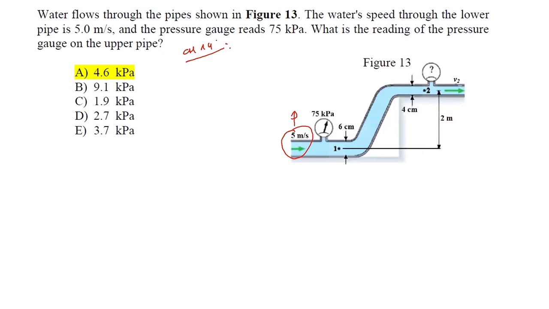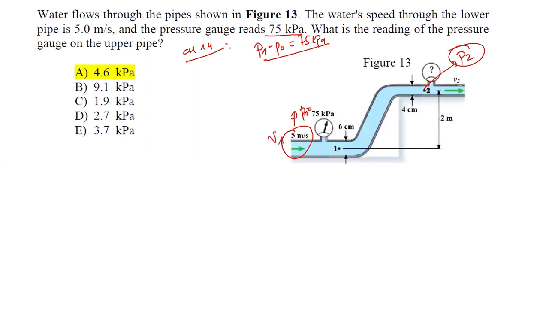Gauge pressure is absolute pressure minus atmospheric pressure. Basically, P1 minus P0 is equal to 75 kilopascal. But here, it doesn't really matter. I want you to use this. Now, the question is, what is the reading on the upper pipe? What is the pressure here at P2? Now, what I gave you here, of course, this is P1.